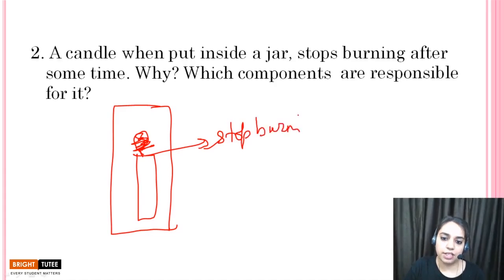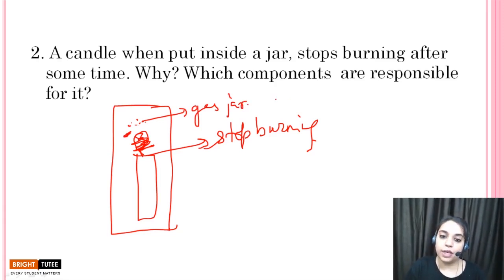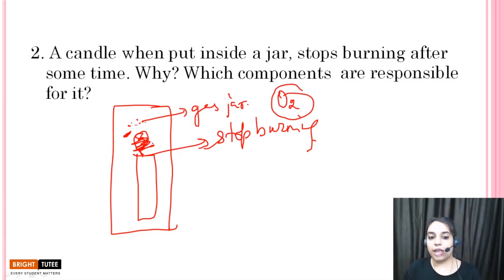So children, why does this happen? This is because some component of air which is present in this inverted gas jar supports combustion, and once that component gets finished, the candle blows off. And this component is oxygen children, because we know oxygen supports combustion. So when all of the oxygen was used up, the candle blew off.